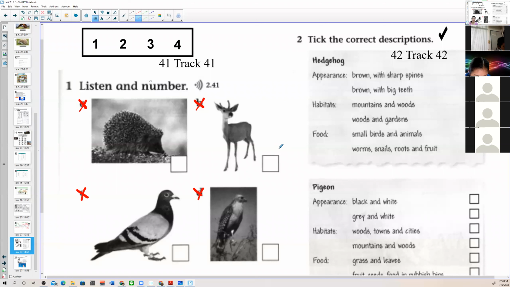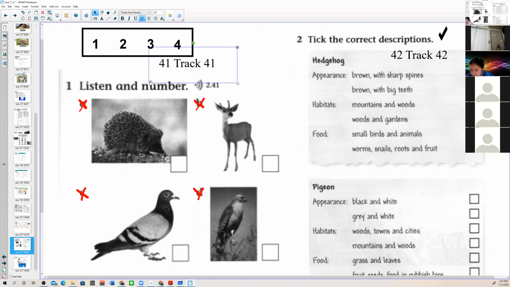No? Okay, I'll take it as a yes that you understand then. Okay, I'm gonna play twice, so please listen carefully. Listening 2.41. Listen and number.